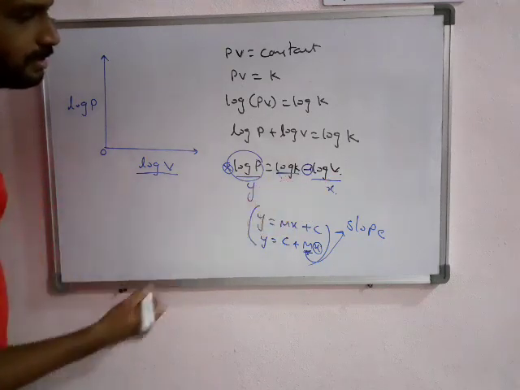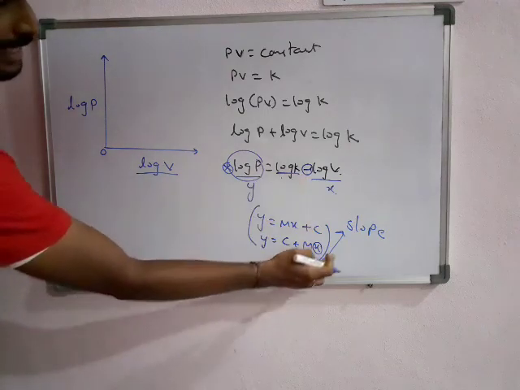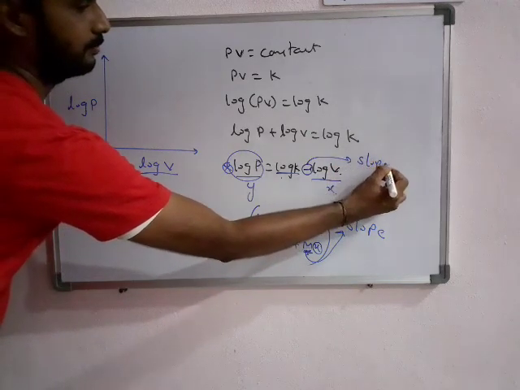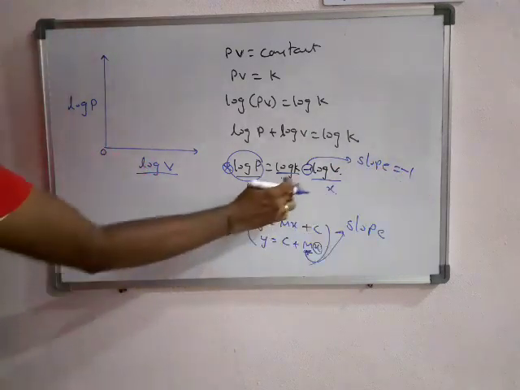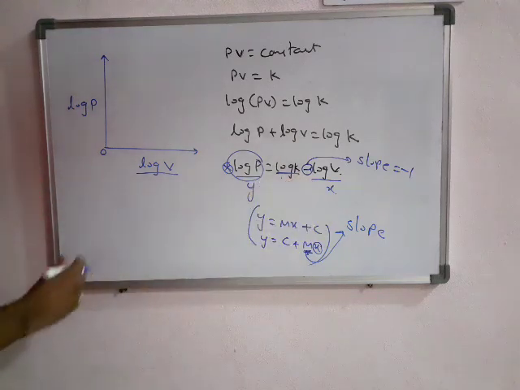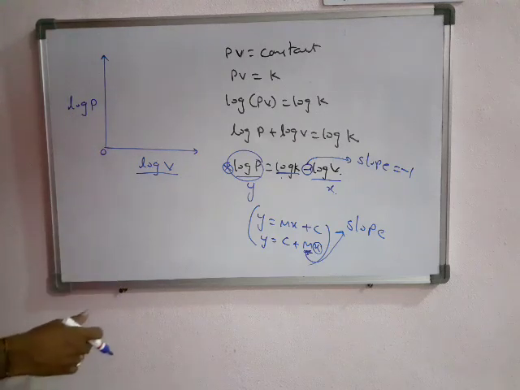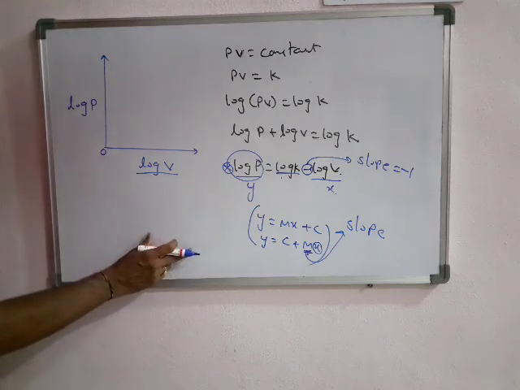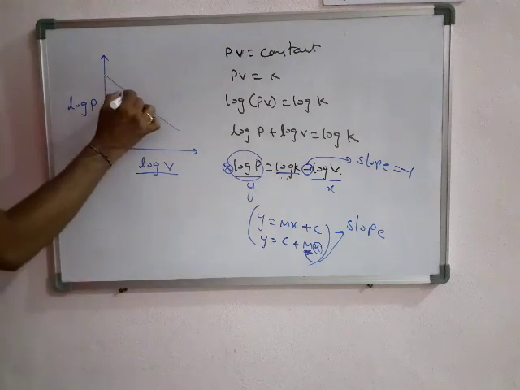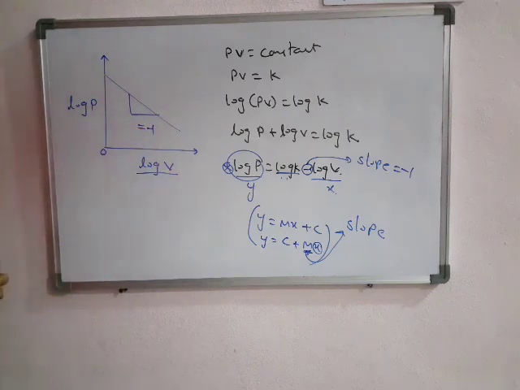So what is the intercept K? The slope is negative. Here the slope is -1, that is, in y is equal to mx plus c, the coefficient next to x is -1. Since the slope is negative, it is a negatively sloped straight line with intercept log K. The slope of this line is equal to -1.